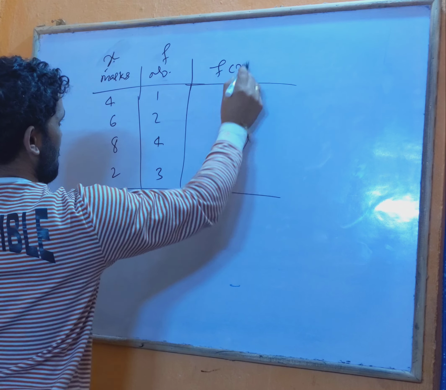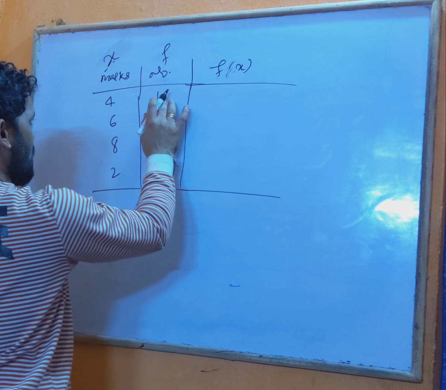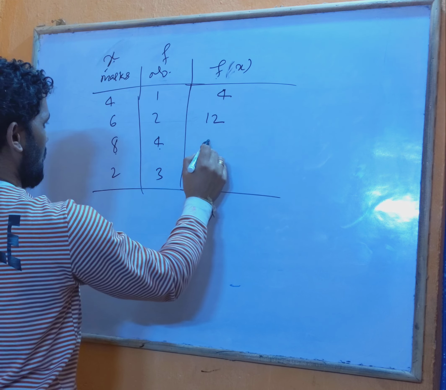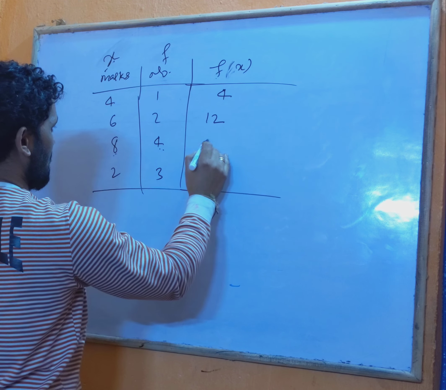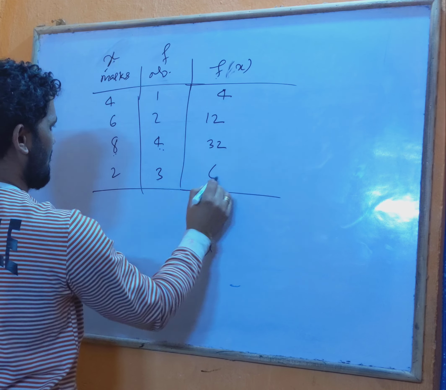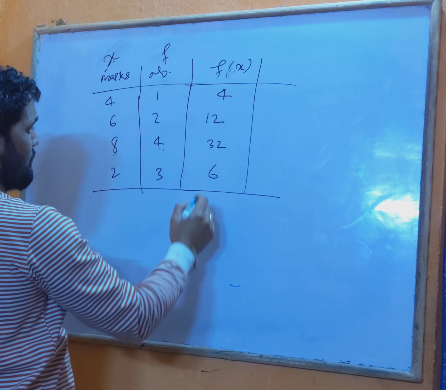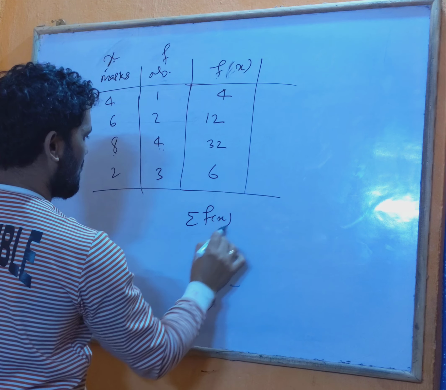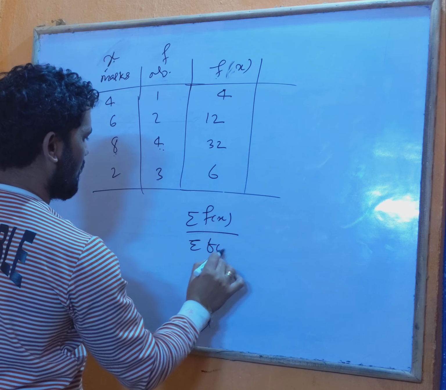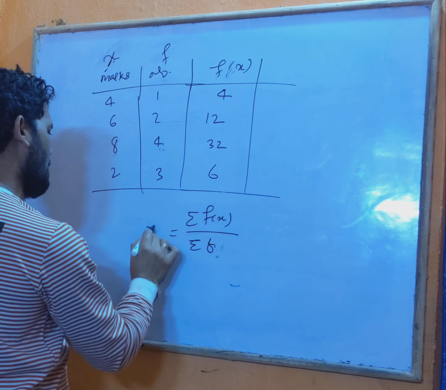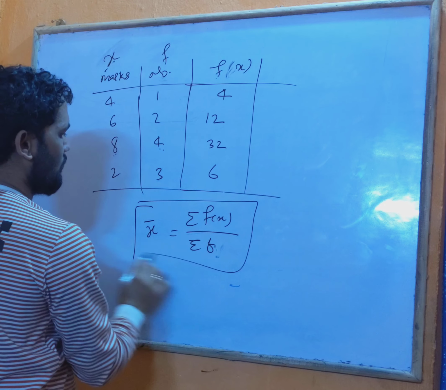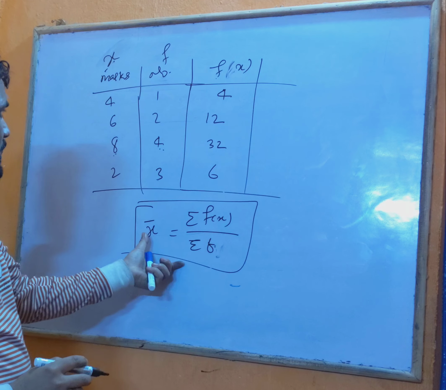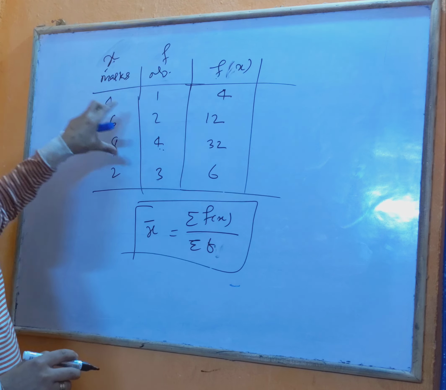So find fx, the multiplication of these two: 4 times 1 is 4, 6 times 2 is 12, 8 times 4 is 32, and 2 times 3 is 6, and take the sum of all of them. The sum of fx divided by the number of observations is your mean.